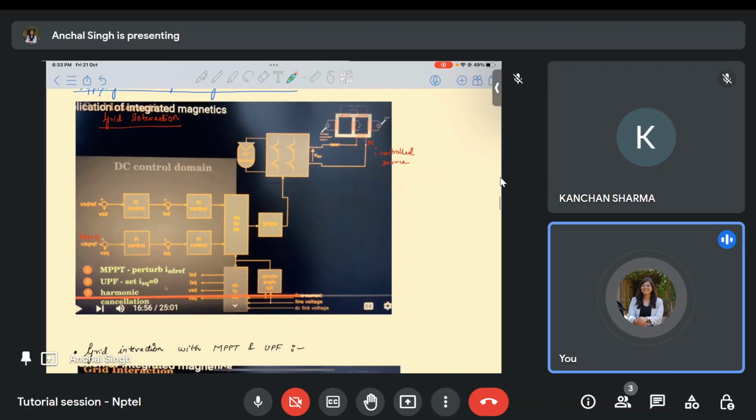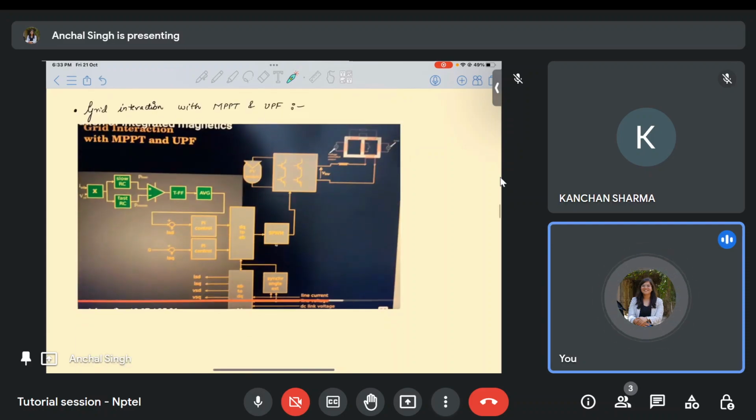Now to this current control converter, I can apply multiple topologies, multiple algorithms. I could either focus on MPPT or unity power factor operation or harmonic cancellation. Any such aims I can focus on, and based on that I will change these references, and my current control converter here will operate in the way that I want.